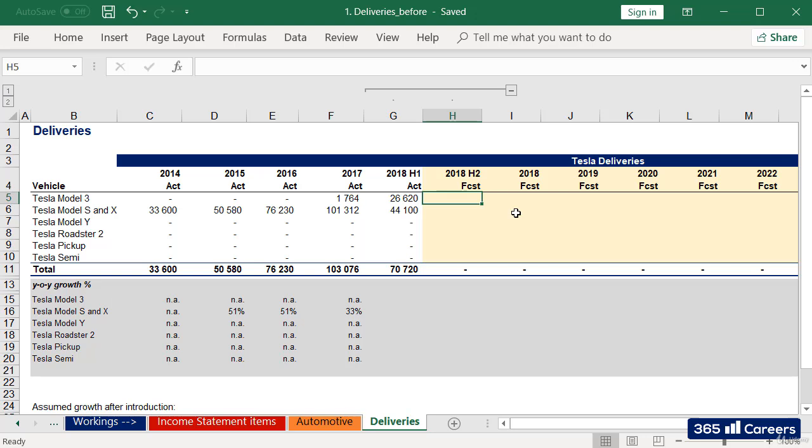However, let's be conservative here and assume Tesla will have produced an average of 4,000 Model 3s per week during the second half of 2018. This is why I'll multiply 4,000 by 26, the remaining number of weeks until the end of the year. Of course, the sum of 2018 H1 and H2 gives us full year figures for 2018.